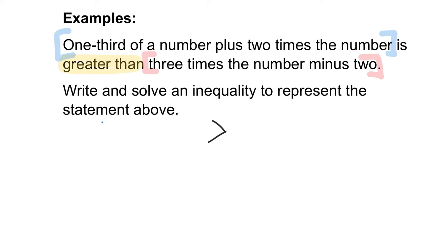So 1/3 of a number, that means 1/3 x, plus, means plus obviously, 2 times the number, 2 times x. It's going to be what my left side looks like. And then I go to the right side, 3 times the number minus 2. 3 times the number minus 2. This is the inequality that represents that statement.